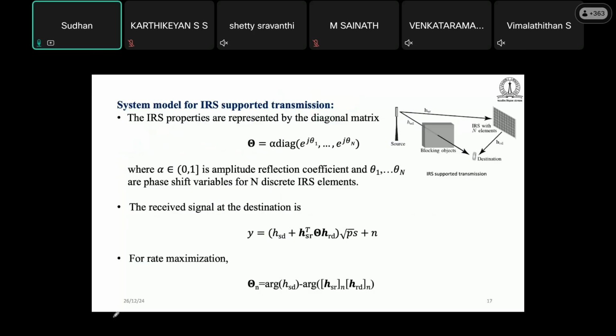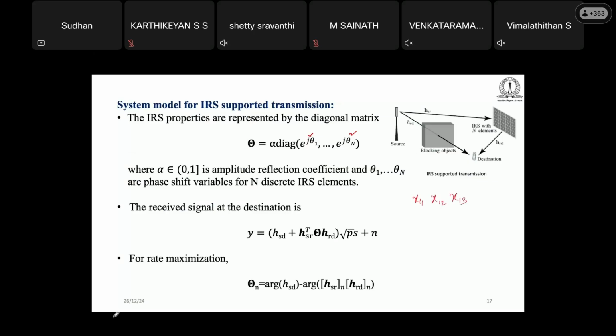Now you can see that there are n elements, so every element will have a different phase. Every phase will be multiplied with some signal. Let's say there are signals x11, x12, x13.